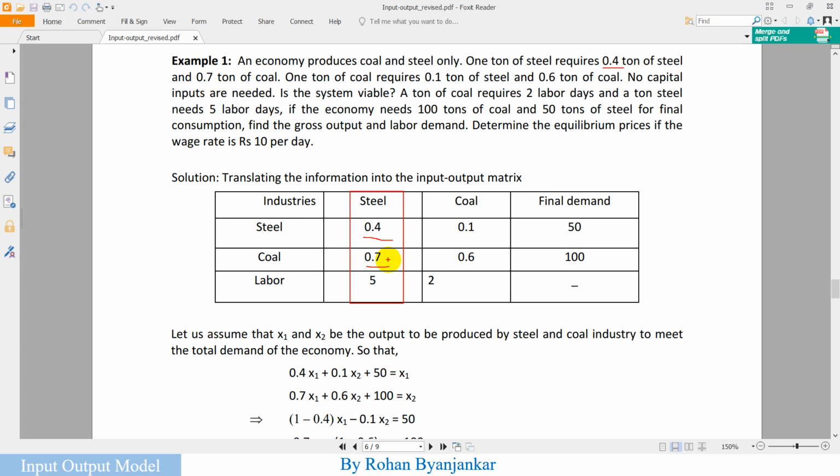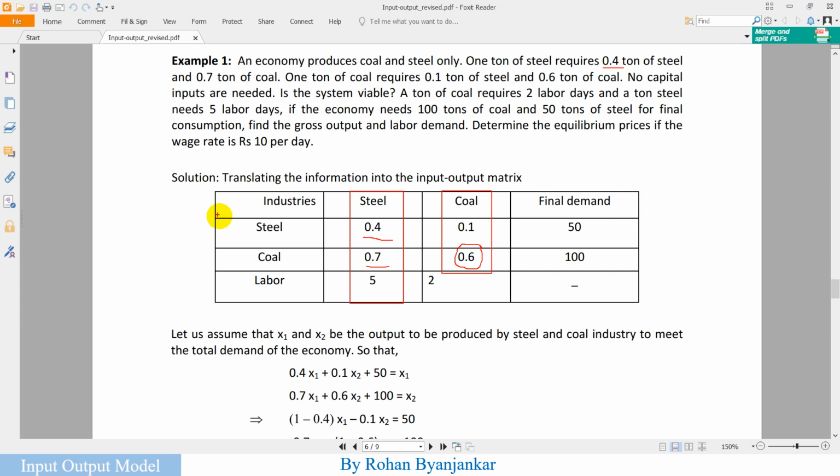Similarly, the coal industry uses 0.1 ton of steel, so coal also uses steel. So 0.1 ton is the input, and it also uses 0.6 ton of coal itself, so it is the input for the coal industry.